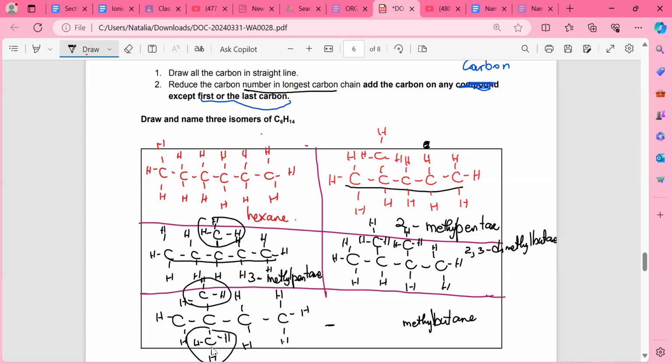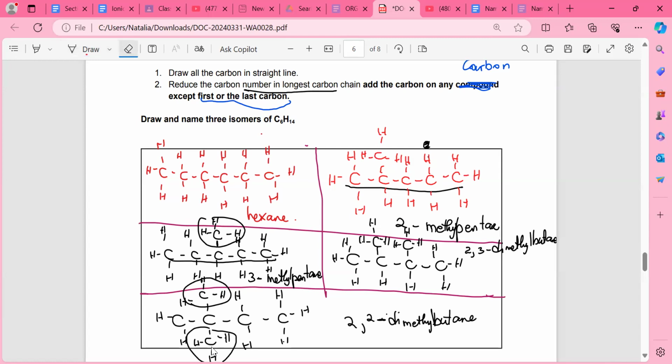So it's dimethylbutane. Which carbon number are my methyls on? Both of them are on the same carbon. So it's 2,2-dimethylbutane.